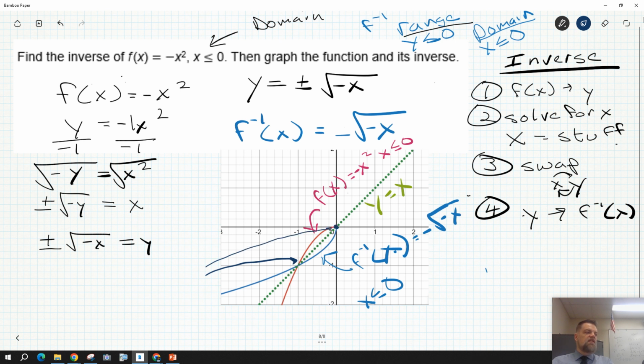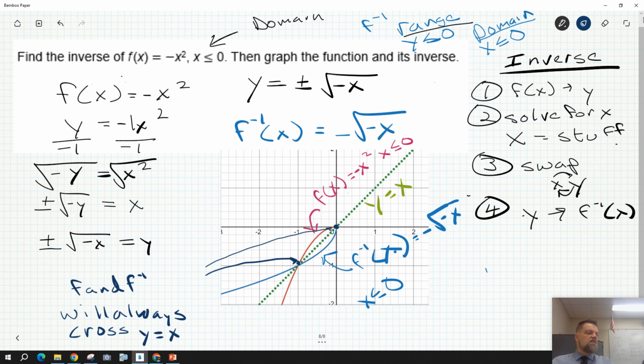But let's write this down in words. F and f inverse will always cross y equals x at the same points.